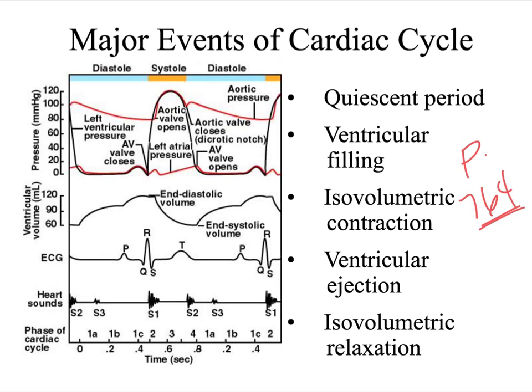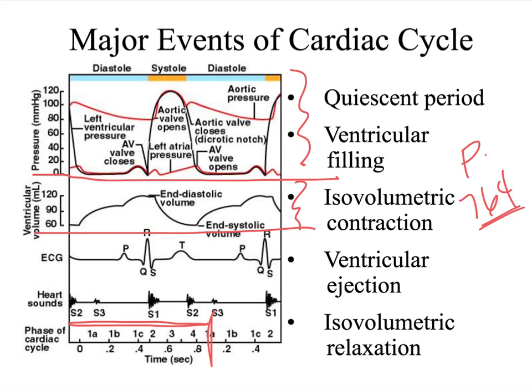There's just so much information on it. It's hard to figure out what's going on. But what they're trying to show you is that here is a heartbeat, or a second. Here's what's going on with the pressure, up here. Here's what's going on with the volume. Here's what's happening with your ECG.